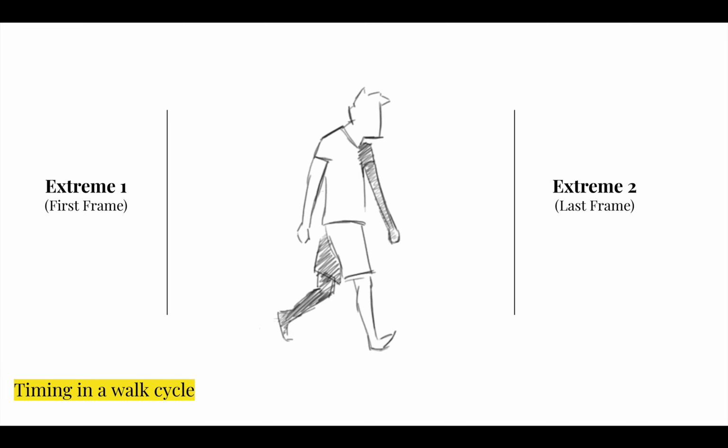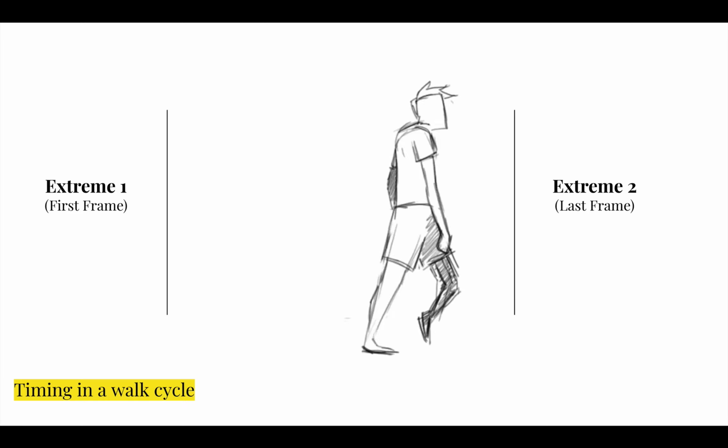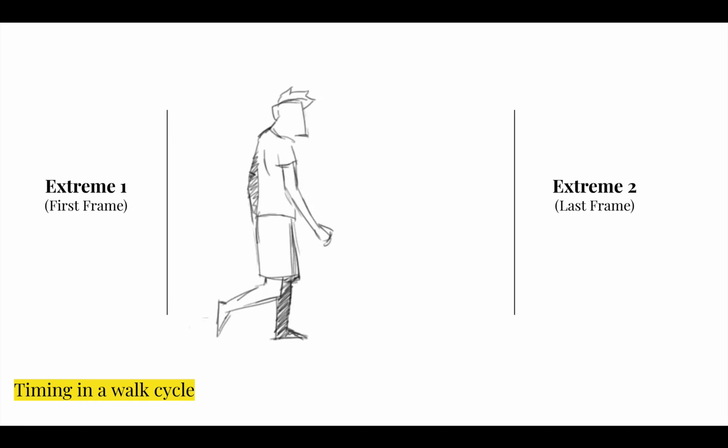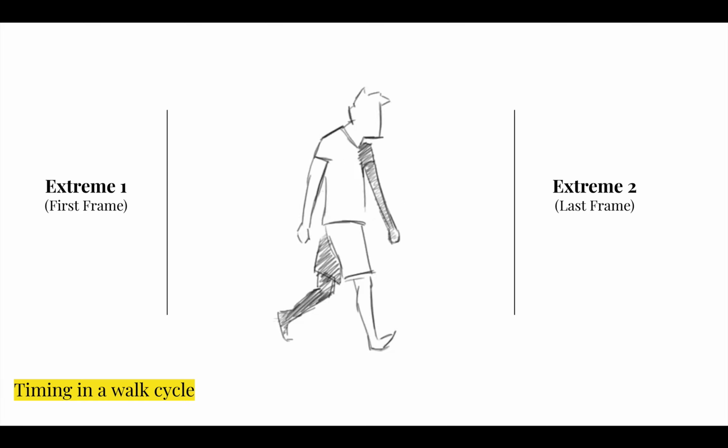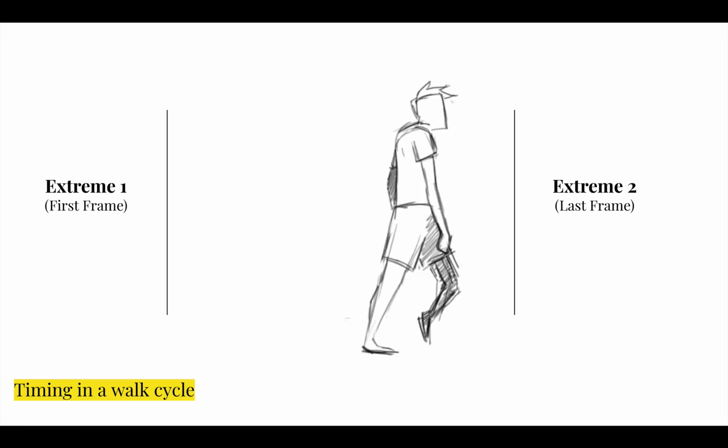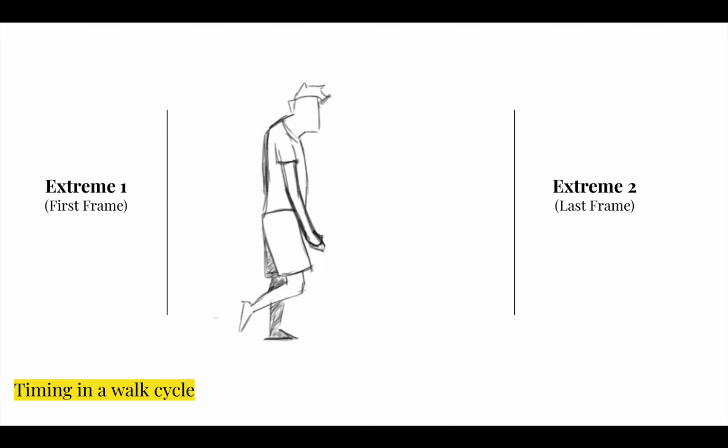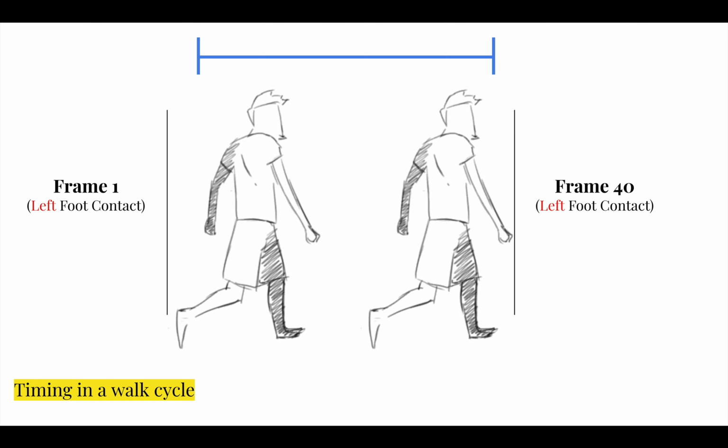The first thing we want to determine are what are the two extreme poses. Since he's doing the same thing over and over again, we only want to animate it going from one extreme to another and then repeat the process over again. On the first extreme, his left foot is making contact with the ground, and his right foot is being picked up.